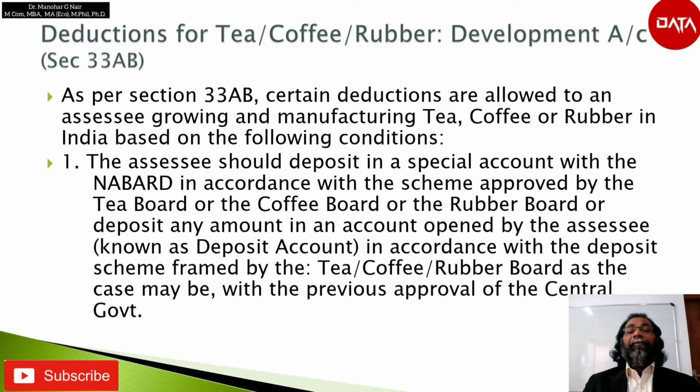If the assessee deposits the money in a special account with the NABARD, that is the National Bank for Agricultural and Rural Development, in accordance with the scheme approved by the Tea Board, Coffee Board or Rubber Board, or deposits any amount in an account opened by the assessee known as the deposit account in accordance with the deposit scheme framed by the Tea Board, Coffee Board or Rubber Board, as the case may be, with the previous approval of the Central Government.